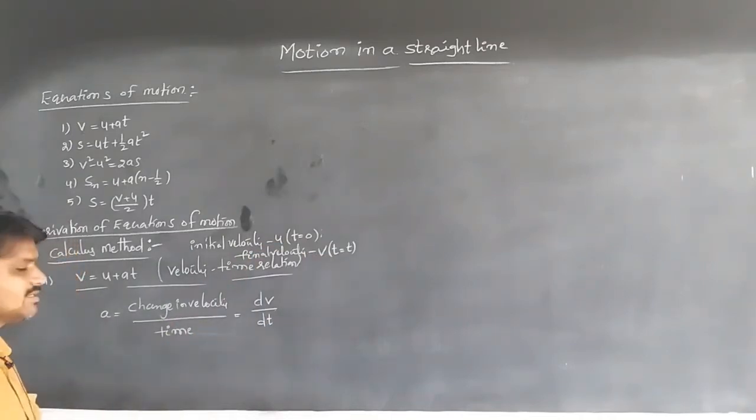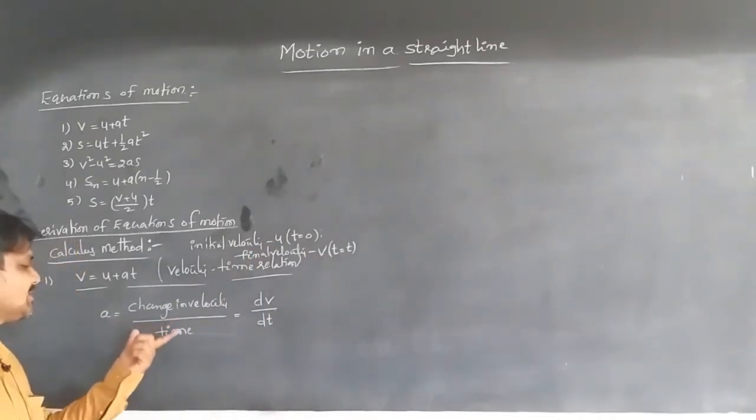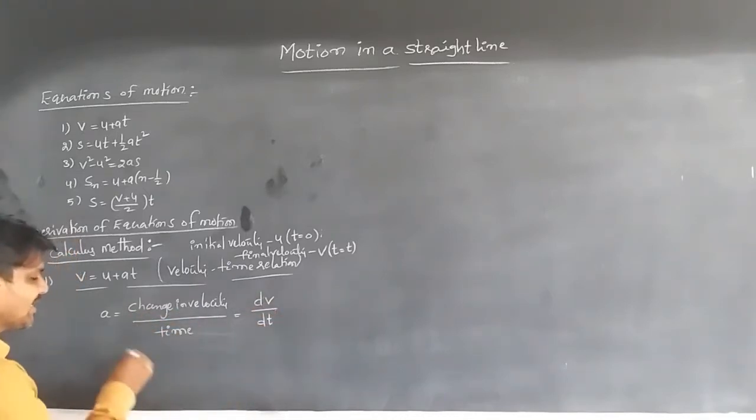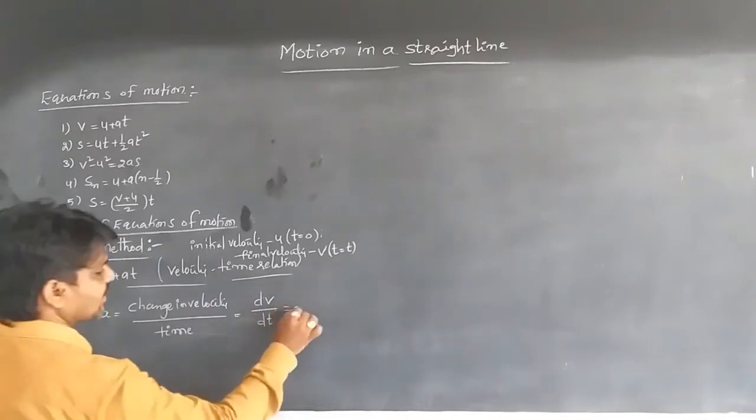So acceleration a is the rate of change of velocity, that is a = dv/dt, is it right?